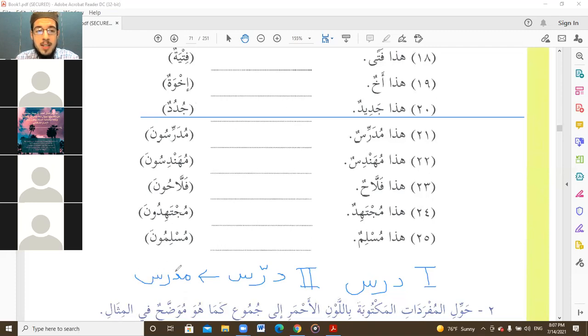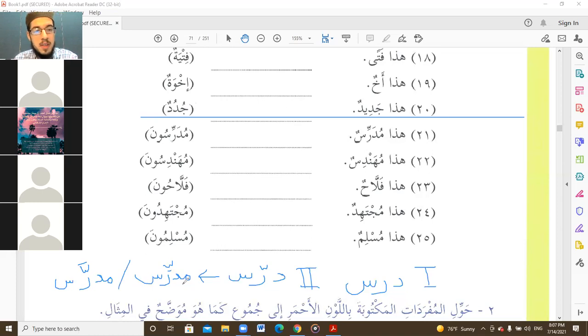And if we wanted to make the maf'ul, the thing that received that action in the second form, it would be the exact same thing except with one tiny difference, which is why I'm such a stickler with the pronunciation. Mudarras. Oh, check that out. Mudarris, mudarras.